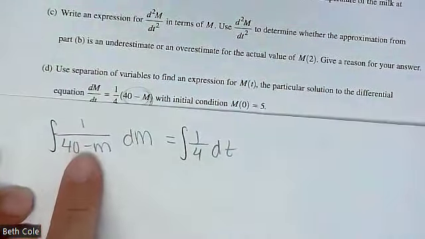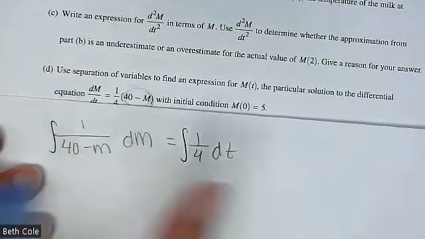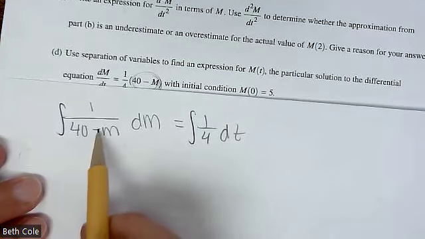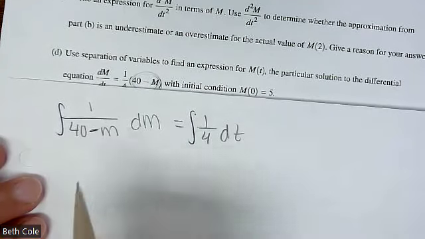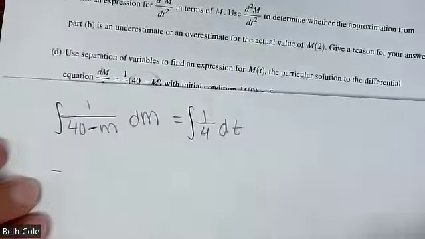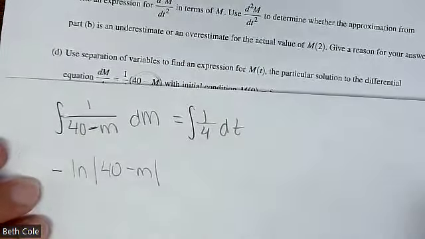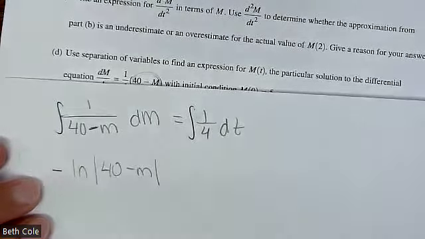All right, antiderivative. Now this would be a u-substitution, but I don't want you to write the whole thing out. What is the derivative of 40 minus m? Negative 1. So out front, you are just going to need a negative. And then it's ln of 40 minus m. If it was a 2m, you would put a 1/2. If it was a 7m, you would put a 1/7.